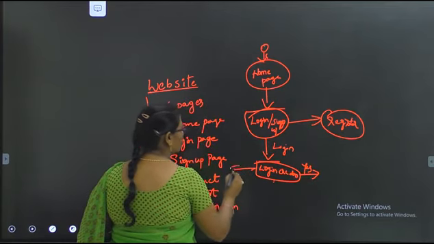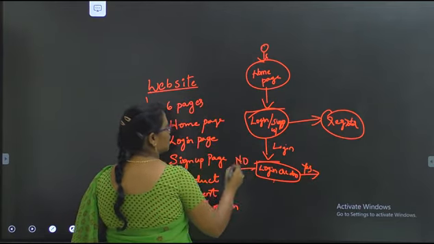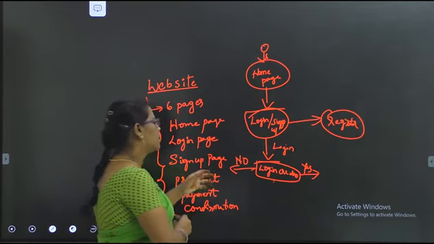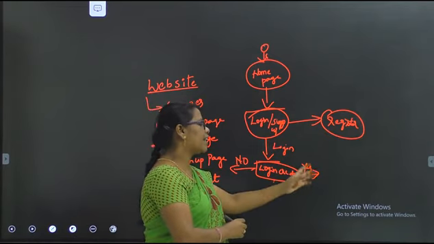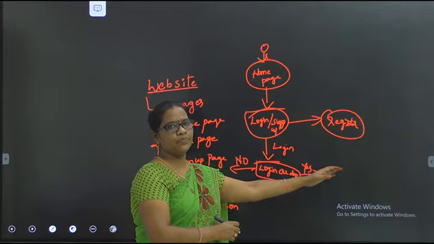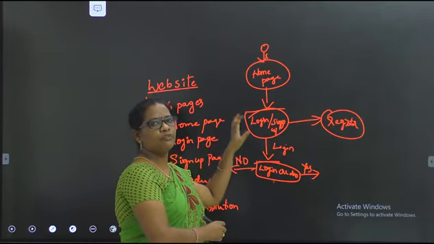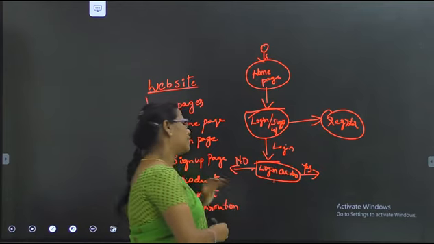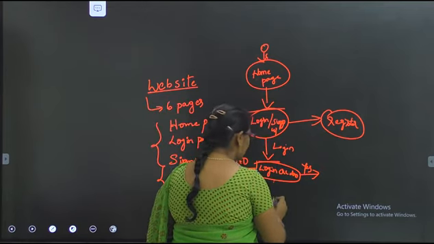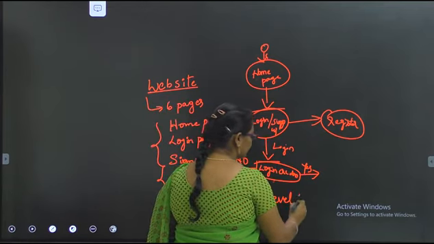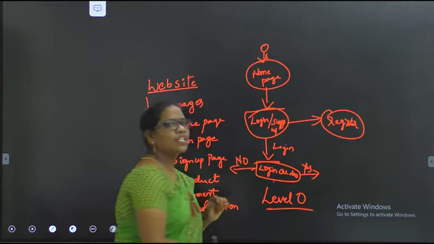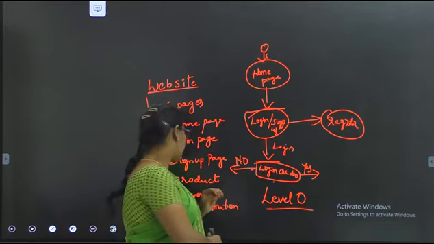If it is no, what will happen? No means the login credentials are wrong. If the login credentials are yes, then he goes to the next page. So like this, we have to represent the whole system, the whole software, in one diagram. So the diagram is called a level 0 or a context diagram. Okay.